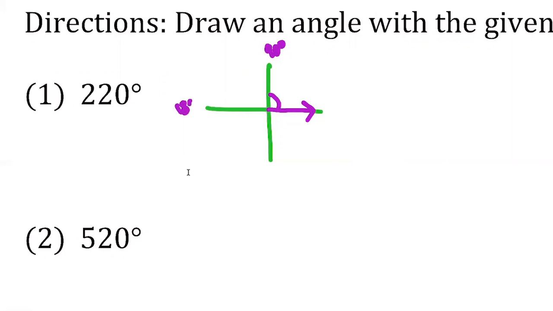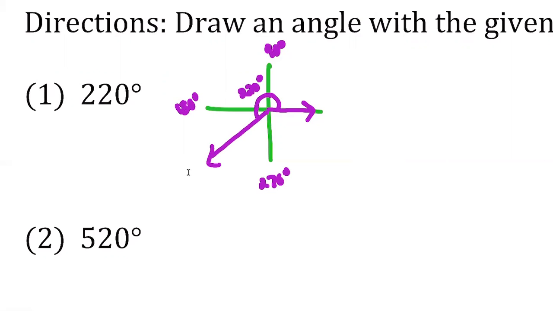If I keep going, this would be 180. So that would put me around about here. And for 220, the next cutoff would be 270 degrees, but that's a little too far. 220 is about 40 degrees more than 180. So my final 220 degree angle would be right here.